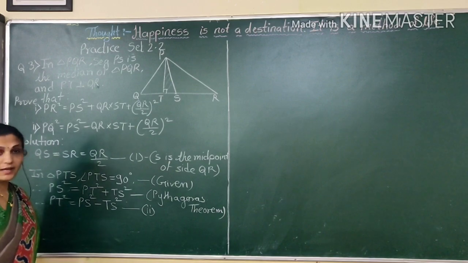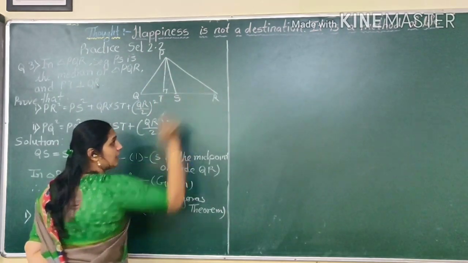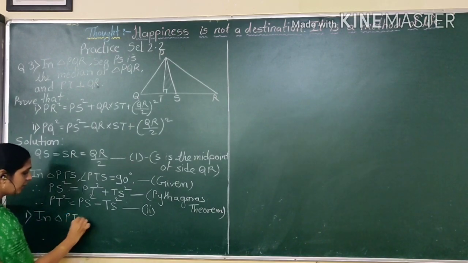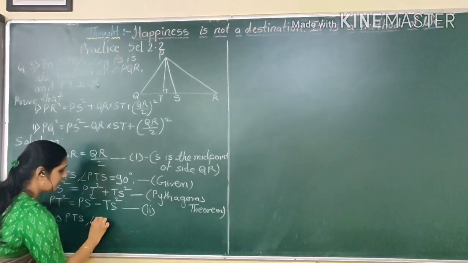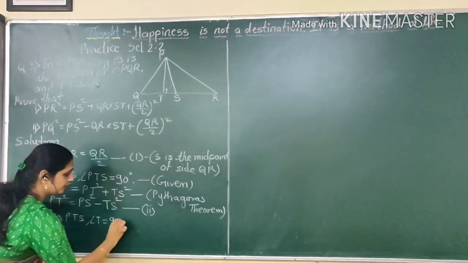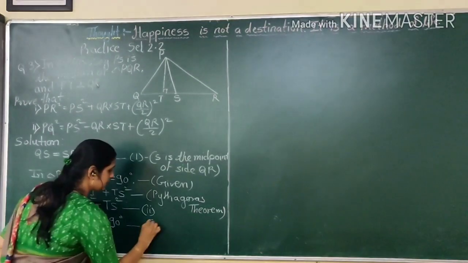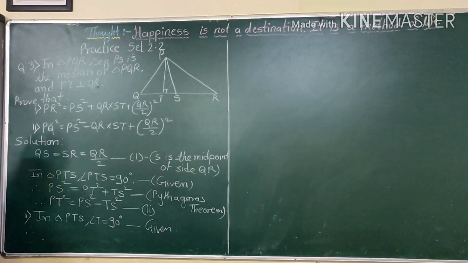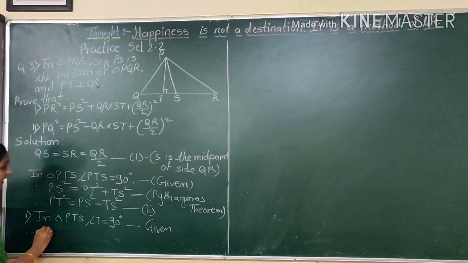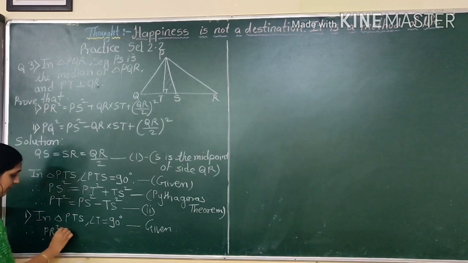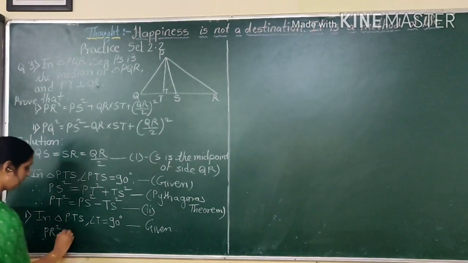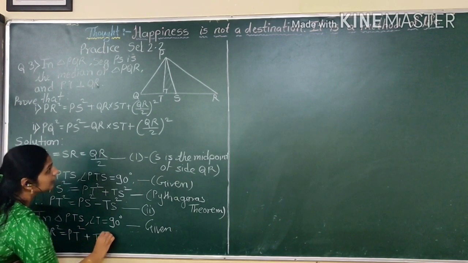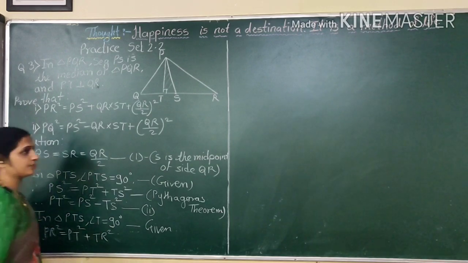Okay. For that, consider triangle PTS. So in triangle PTS, again angle T is equal to 90 degree. This is given part. So again we can use here Pythagoras theorem. So by Pythagoras theorem, PR square is equal to PT square plus TR square. Okay.